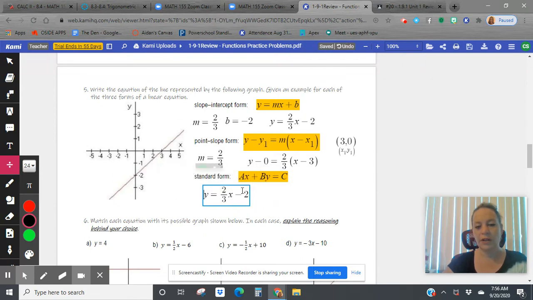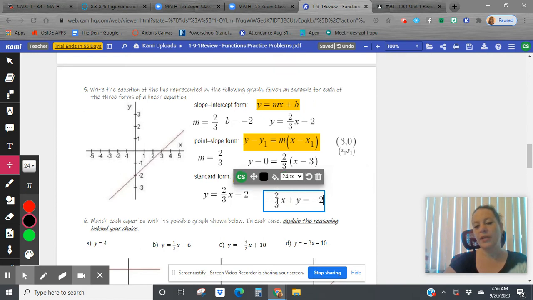So first of all, we want this -2 to stay on this side, but we want these x's to move up. So I'm going to go ahead and subtract the 2/3 x from both sides. And we still have the -2 on the right-hand side.